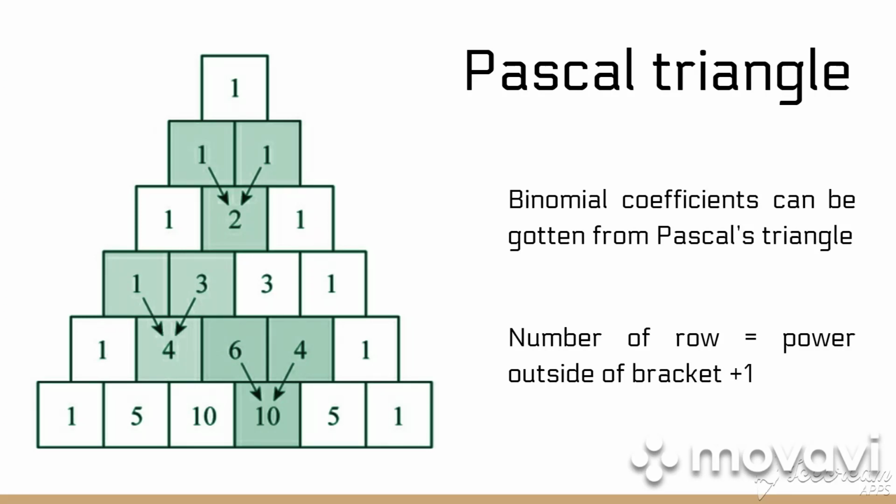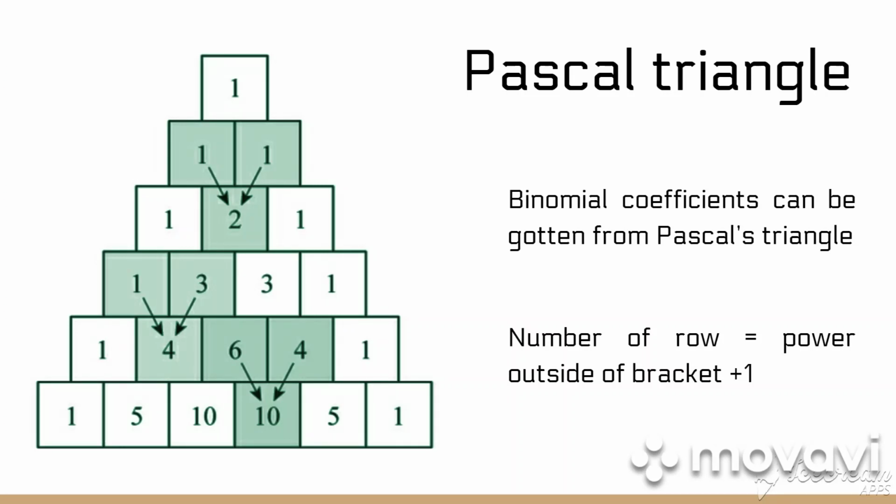For example, on the second row, 1 plus 1 are the nearest squares on the upper row, and when added together they create 2. Another example, 1 plus 3 create 4, and 6 plus 4 create 10.